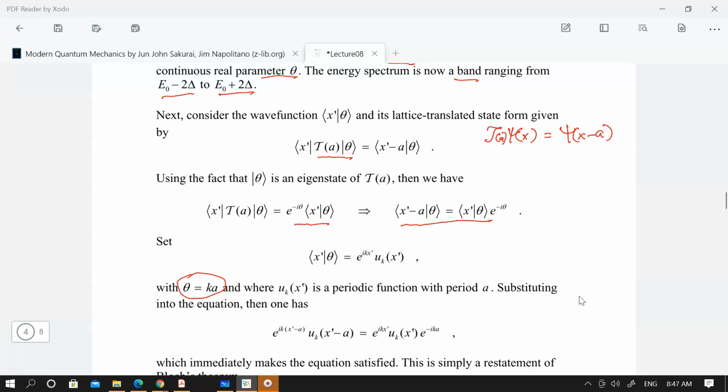Remember, your theta is a function that is supposed to have all these lattice sites be equivalent in a way. So this lattice parameter is somehow related to your theta. So we have that over here, and this K is just another parameter that tells us how the wave is going to move forward, for example. Okay, so you have that.